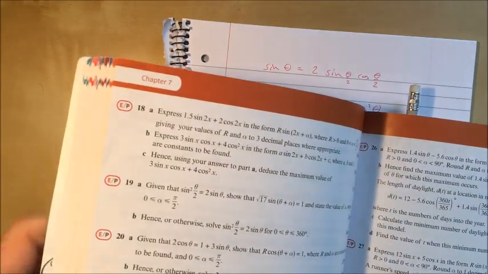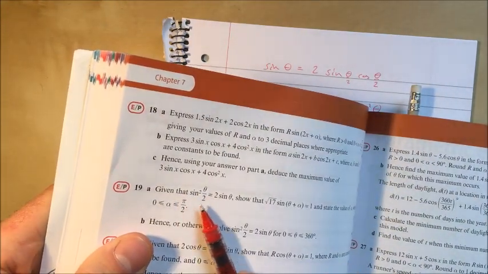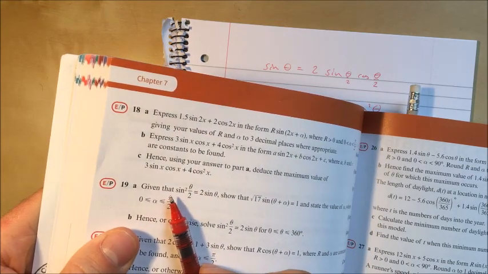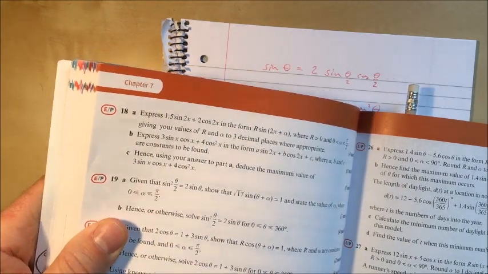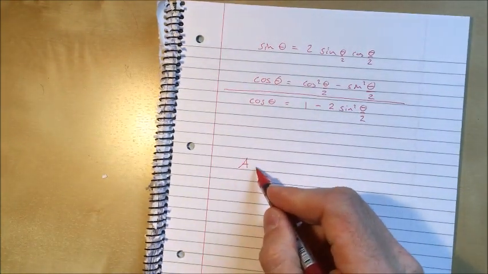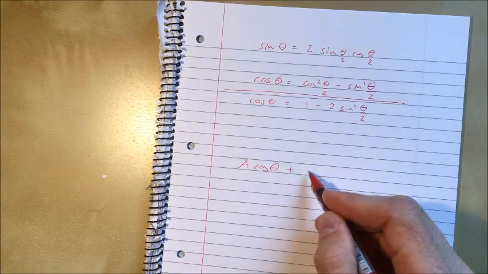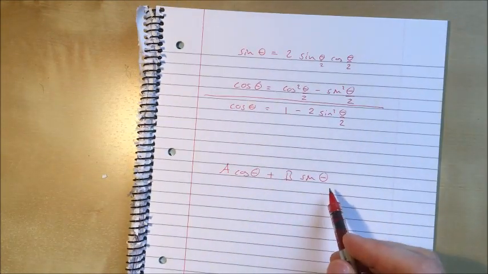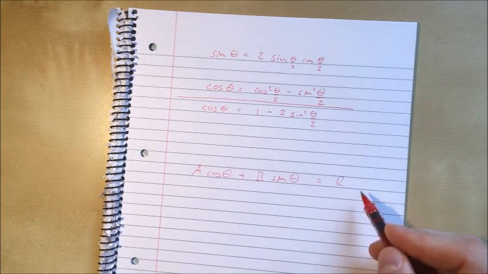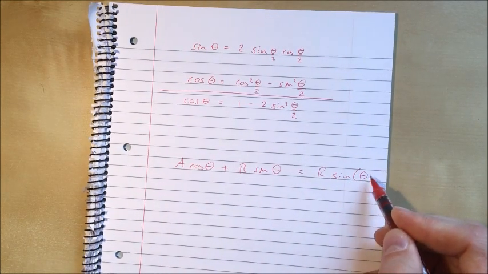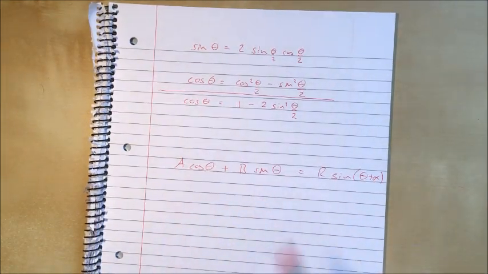And the reason that's going to be helpful is that the left-hand side of this then will turn into something to do with cos theta, and I will have a sine theta on this side, I'll have a cos theta on the other side, and I will have something of the form, eventually if I simplify it down, a cos theta plus b sine theta. And when I get expressions that look like that, I can rewrite them in the form r sine theta plus alpha, and doing that is a standard technique.